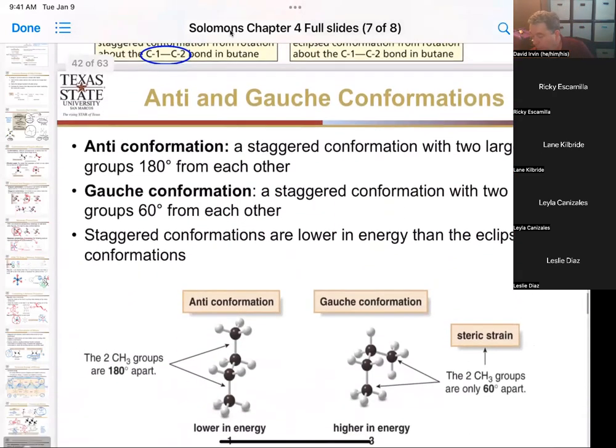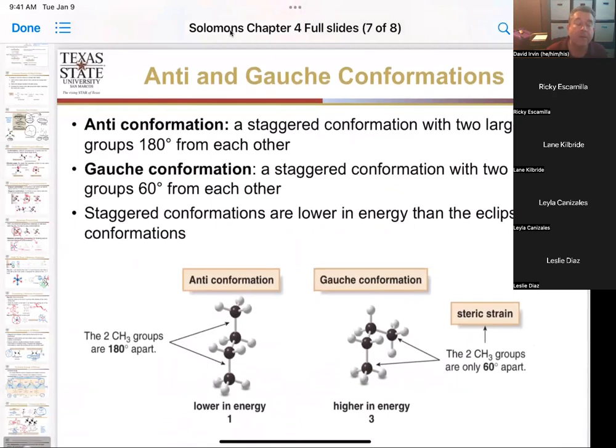Now if we have only hydrogens, you only have 2 possible configurations: staggered and eclipsed, right? But now that we have one group that's bigger than the other, we have 2 other possible arrangements.